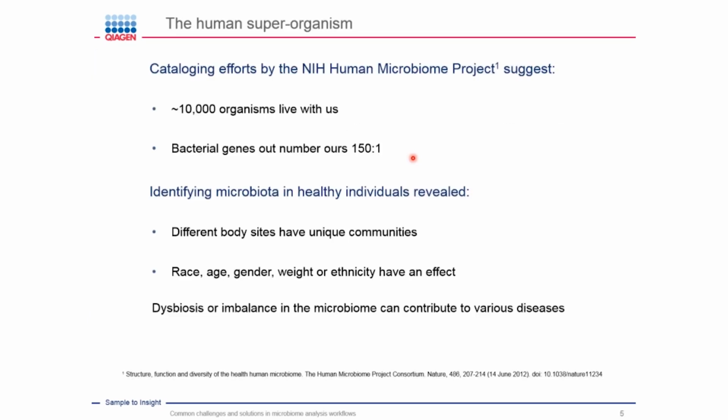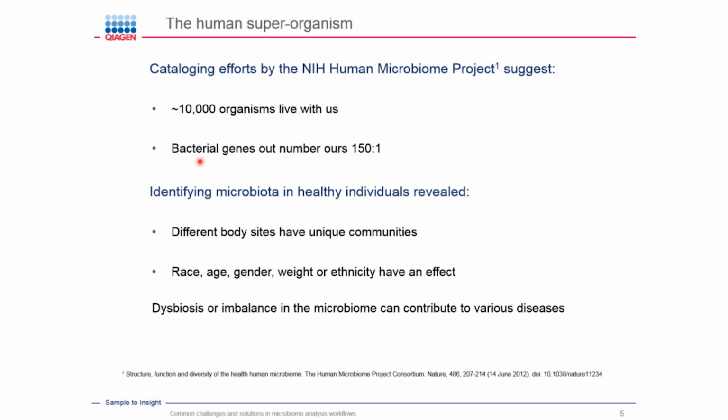Looking at the cataloging efforts done in the NIH Human Microbiome Project, approximately 10,000 different organisms live with us, meaning on our skin, in our gastrointestinal tract, in our mouth, and on the entire body. The number of bacterial genes outnumbers ours by a factor of 150.